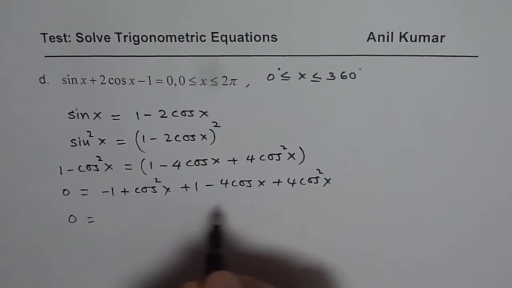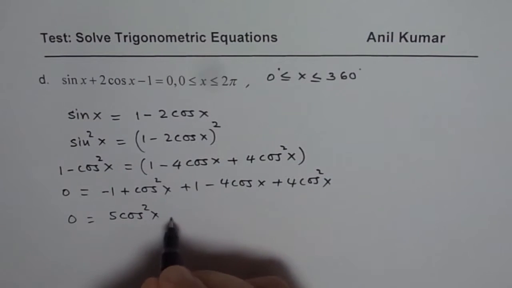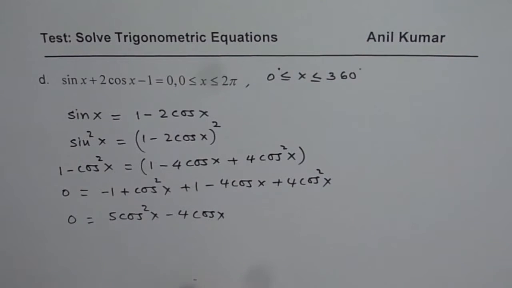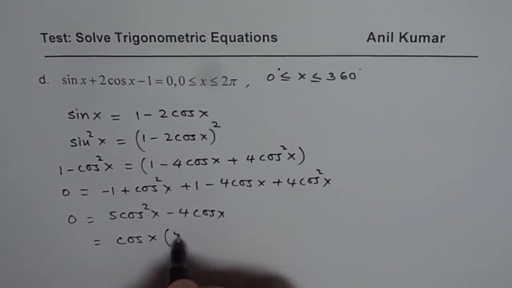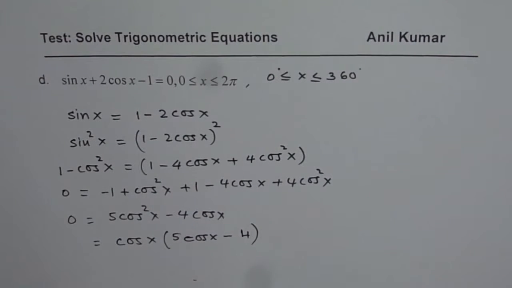So we have 0 equals 5 cos squared x minus 4 cos x, minus 1 plus 1 is 0. Now we can factor cos x here. So we have cos x times (5 cos x minus 4) equal to 0, right?